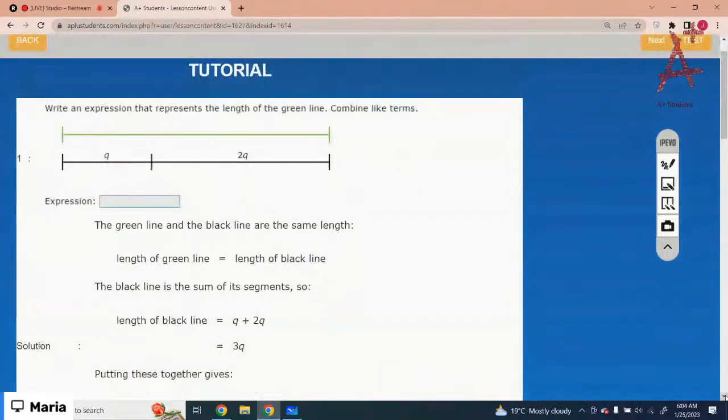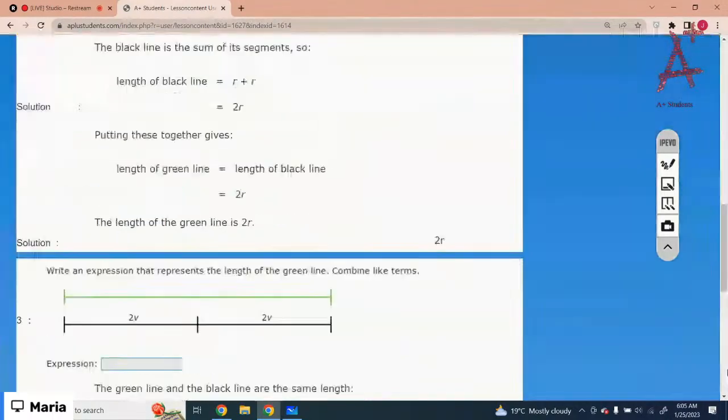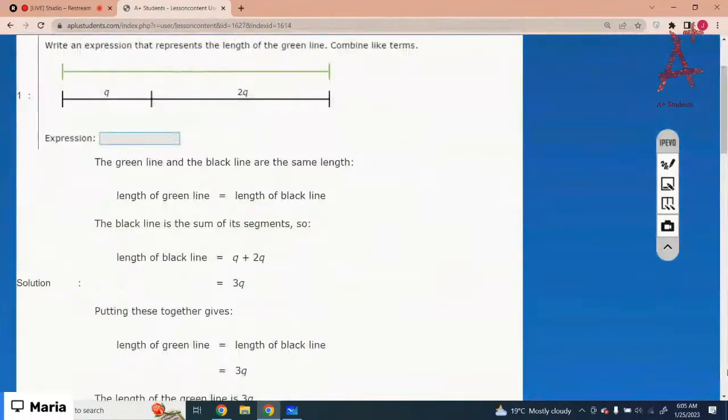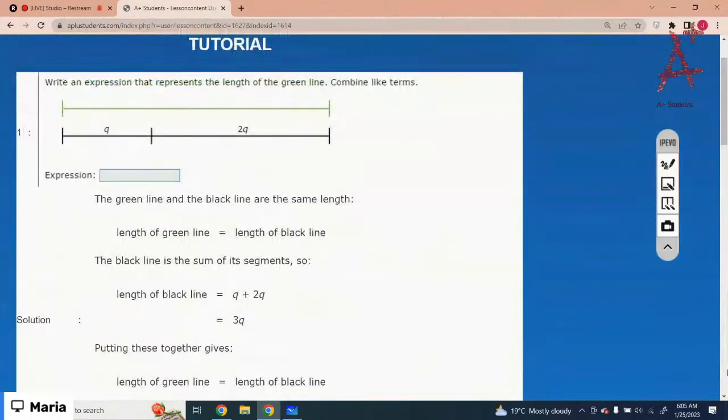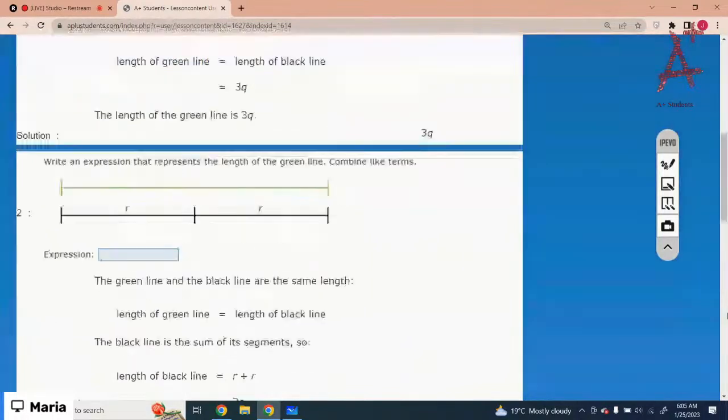Okay, let's just do another example. Which expression represents the length of the green line? Combine the like terms. So just look at the lines.